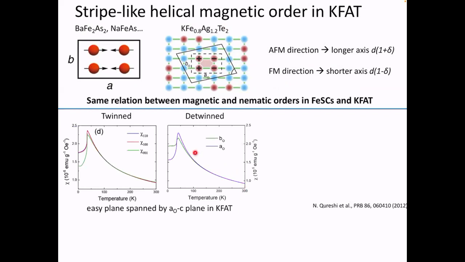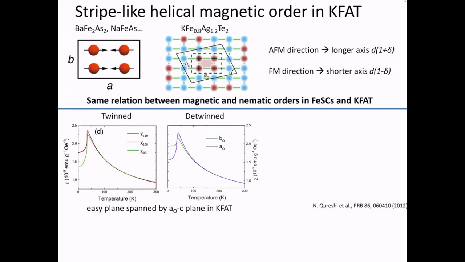So here, we show some magnetic susceptibility measurements of this material. This is a directional measurement with different fields applied along different directions. We see that the in-plane direction seems to be isotropic, whereas the C direction seems to drop a lot more in the ordered phase. So this seems to suggest the C-axis is an easy axis.